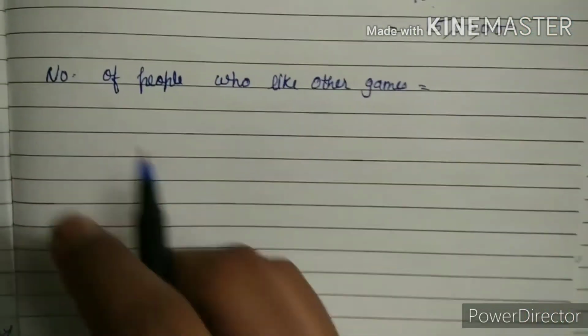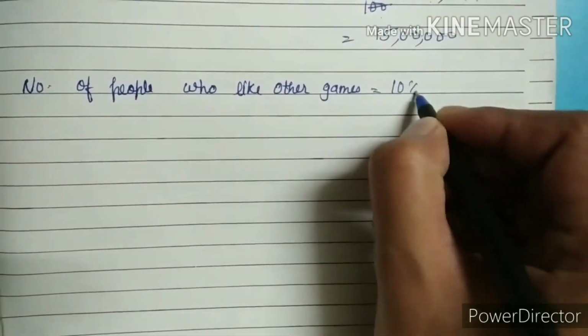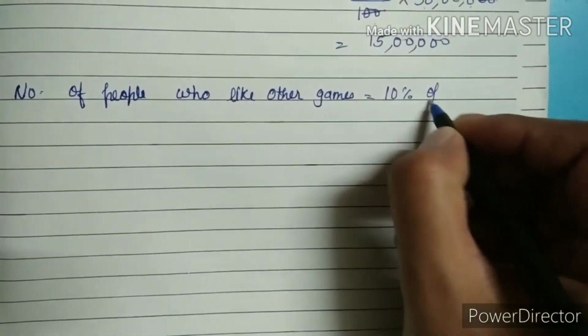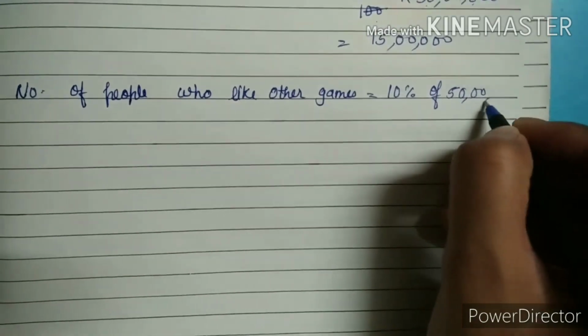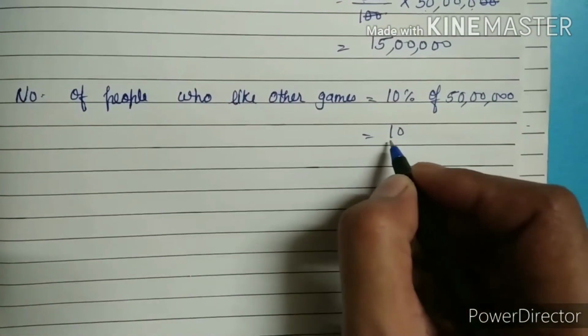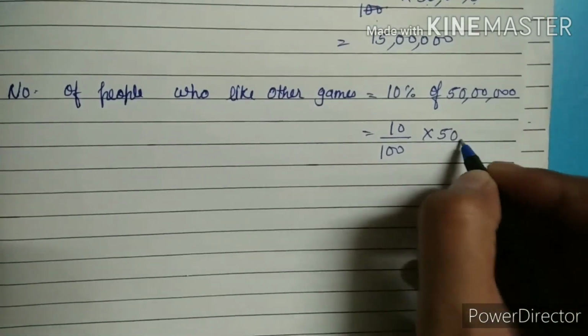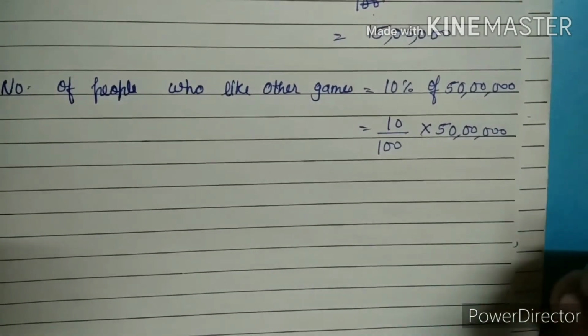Last is the number of people who like other games, that is 10% of 50 lakh. Now we will remove the percentage symbol after putting 100 in the denominator. So 50 lakh will come here.